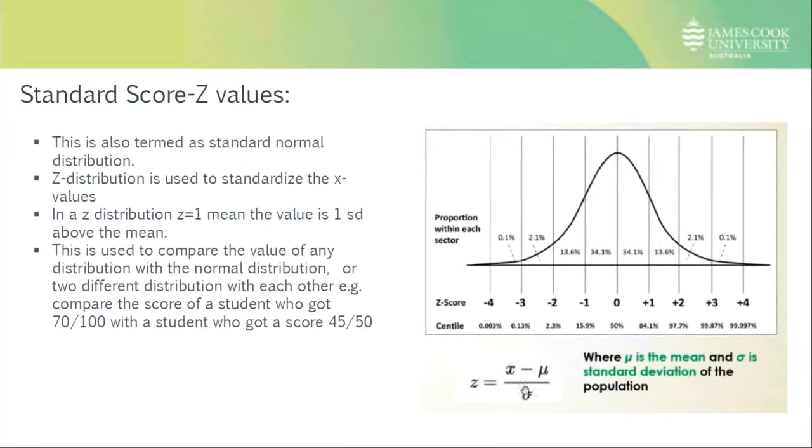But we need the Z distribution to compare two sets of data, or data which comes from two separate kinds of distribution. So if you have two data sets, you can find the Z figure and compare the Z figures to come to a decision.